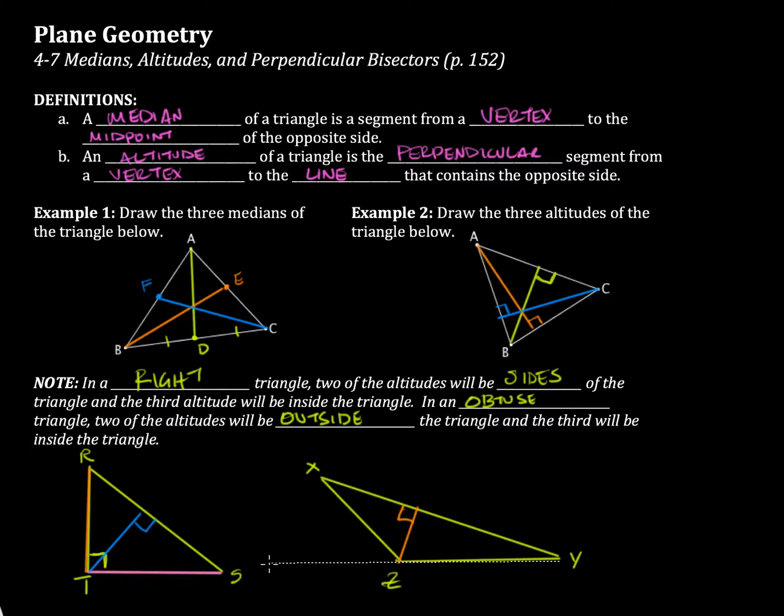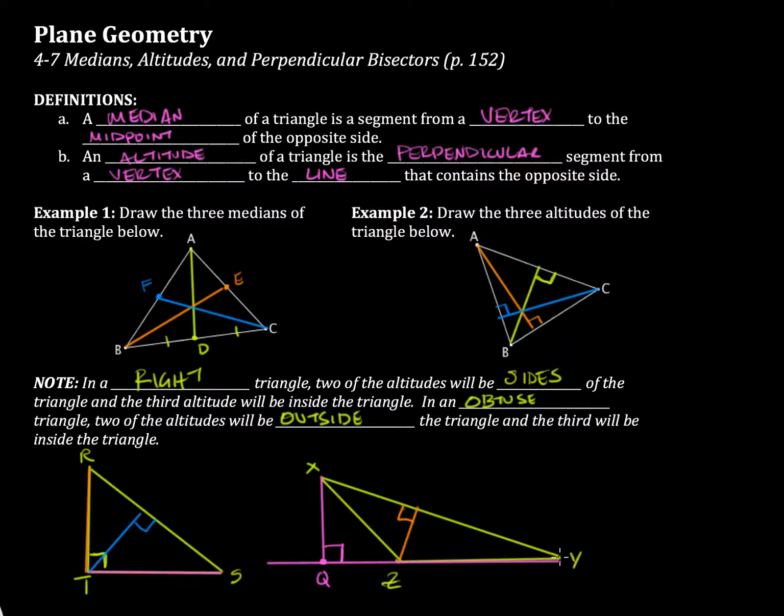I'm going to extend this side further out, and then I can come down from X to that extended side, and find a place on that extended side where I can make a 90-degree angle. You can see that altitude from X down to this point right here, maybe we'd call that point Q. From X down to Q, that's my altitude, but it's not inside my original triangle XYZ.